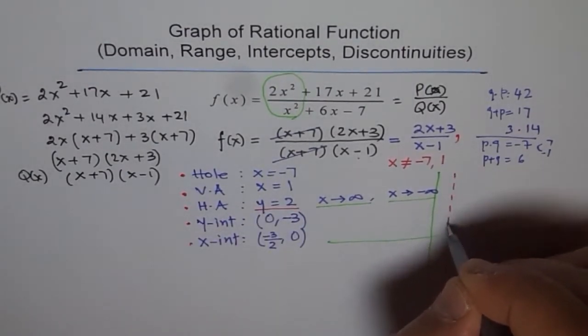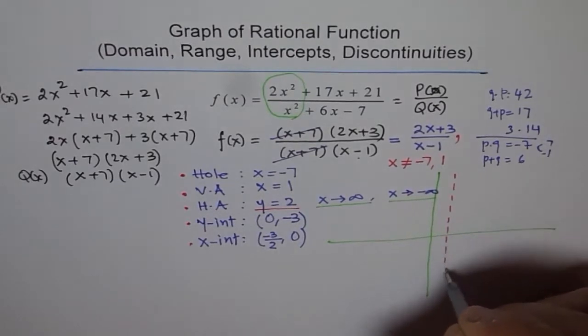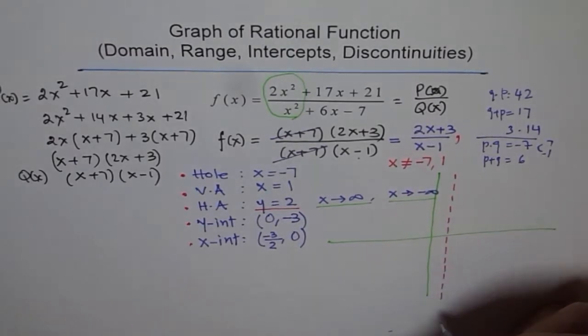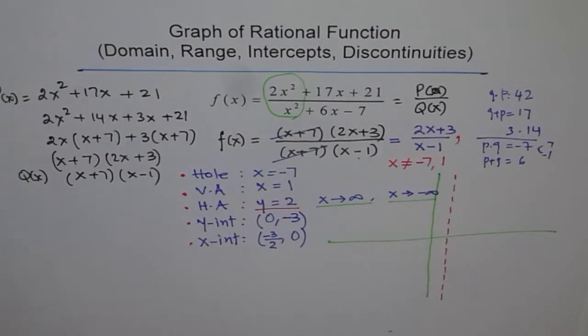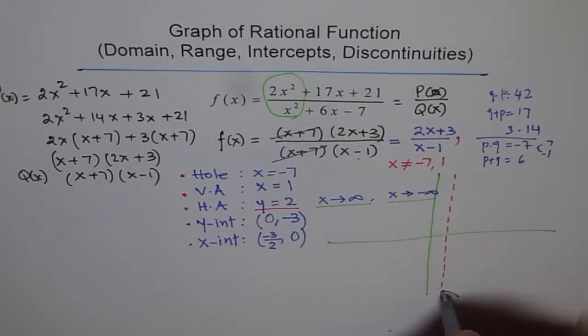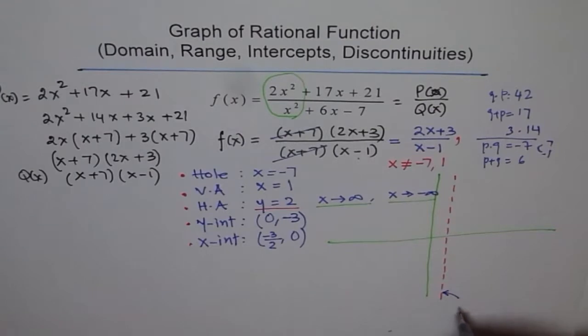Let me just sketch it. My rough sketches are good enough actually, but you should do these sketches on proper graph paper so that you get a neat and clean graph, okay? So that is my vertical asymptote, and let me label this here as x equals 1, okay?